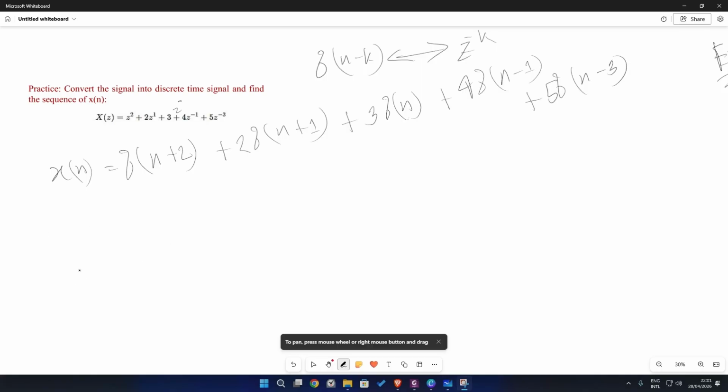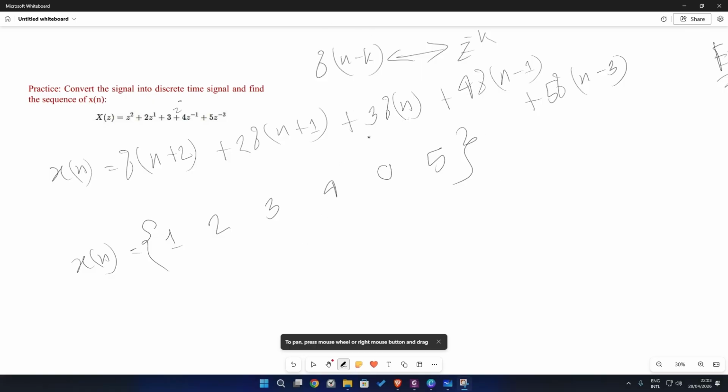So this is the answer, and if we want to represent it in sequence form, it will be 1, 2, 3, 4, 0, 5.